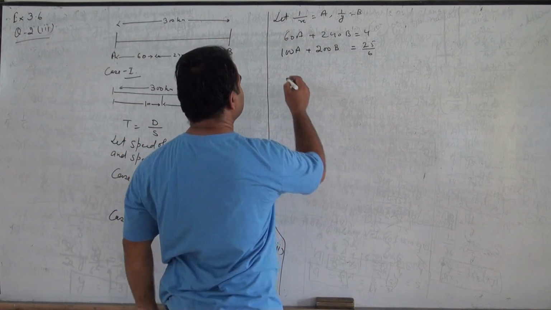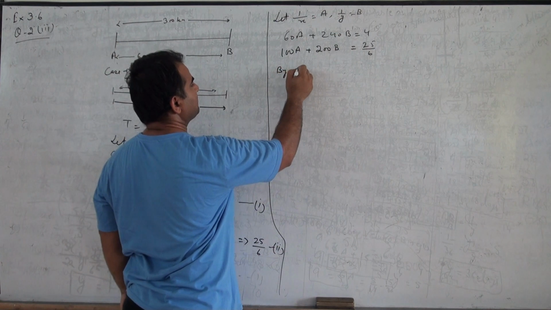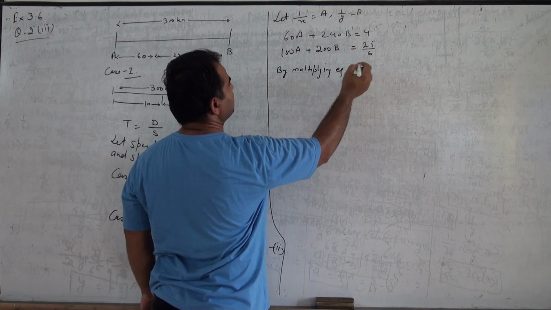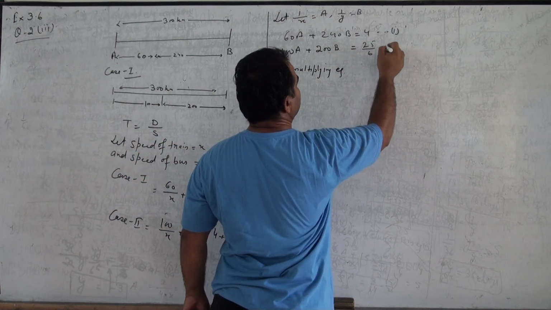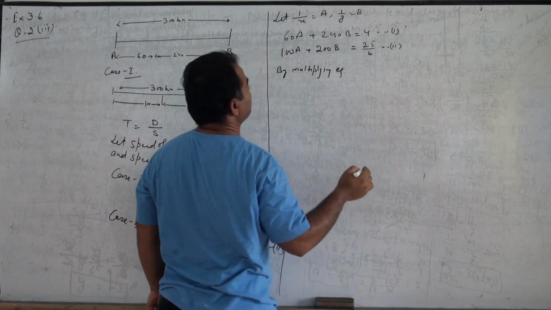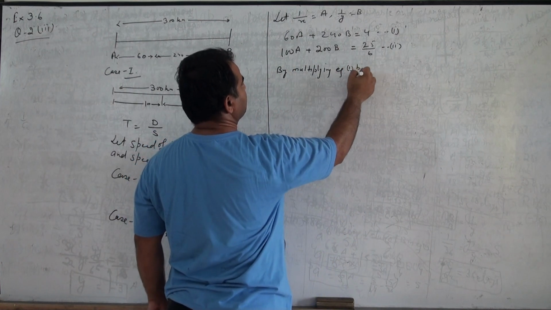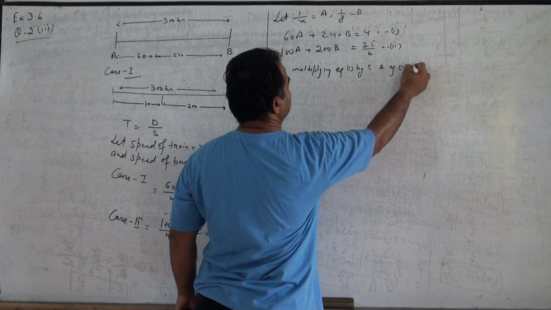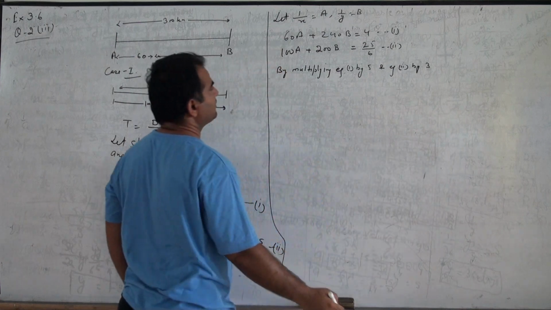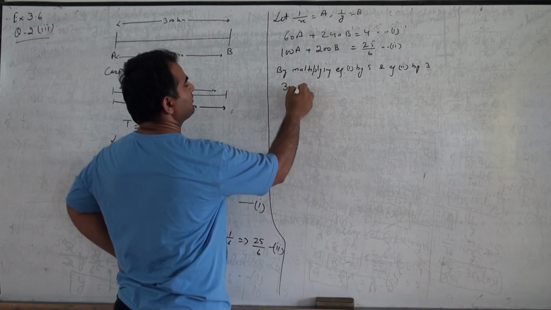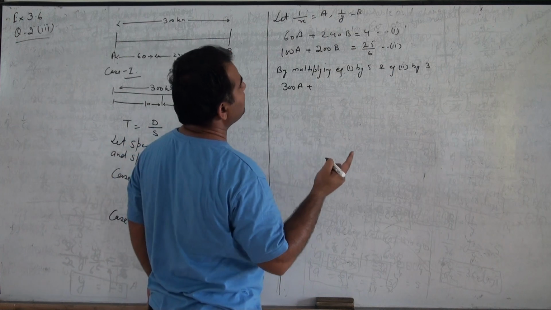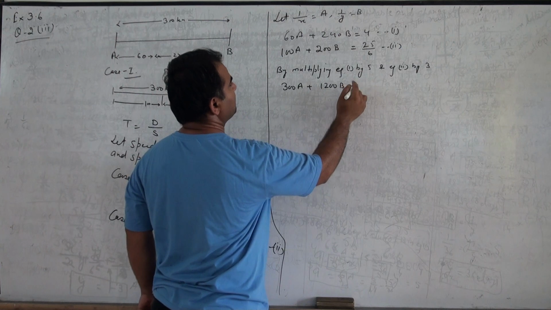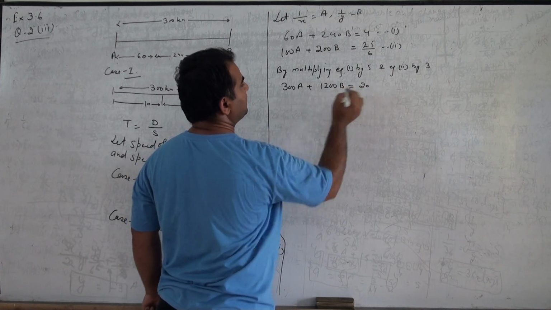So multiplying equation 1 by 5 and equation 2 by 3, it will be 300a plus 240 into 5, 1200b equals 20.